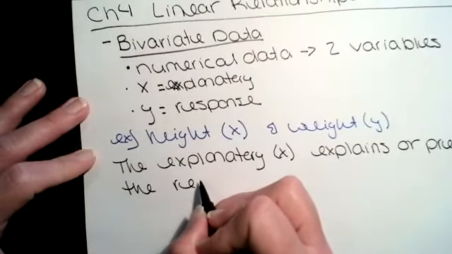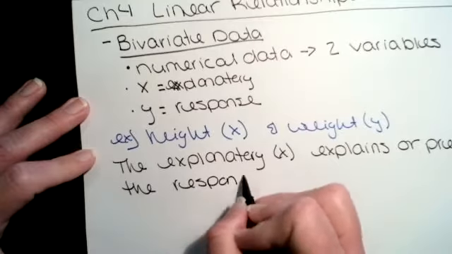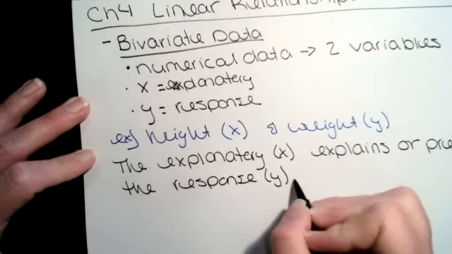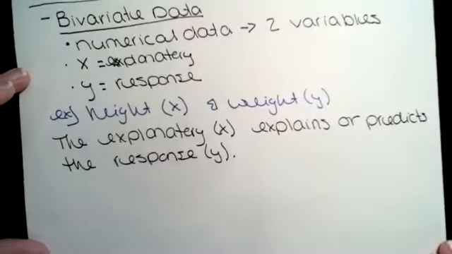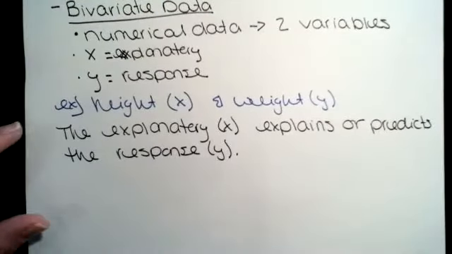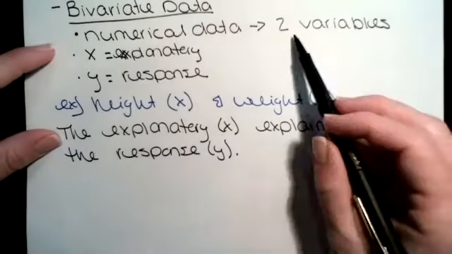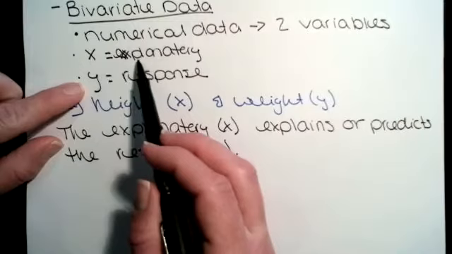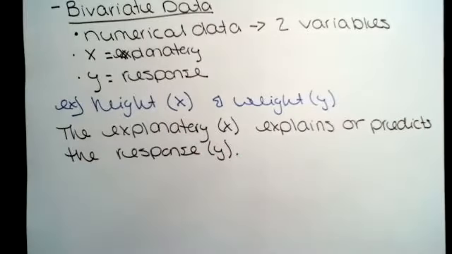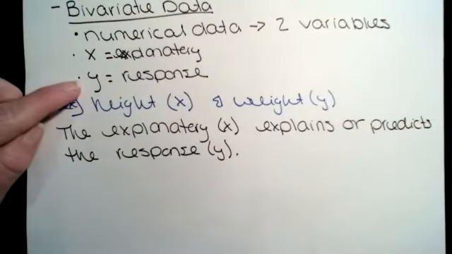So when we're looking at this, my Y here, you need to be able to look at data, and if we have two variables, know which one is X and which one is Y. So which one is the explanatory or the predictor and which one is the response.